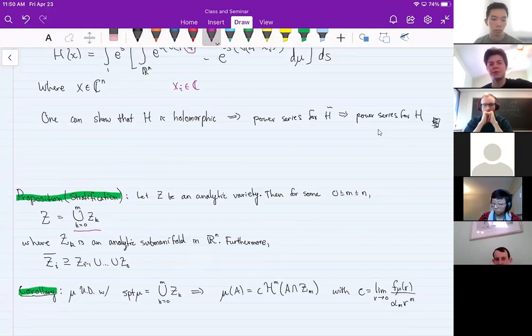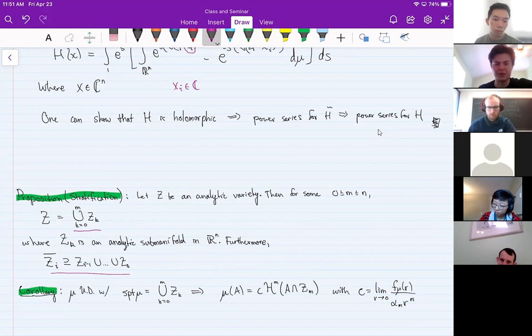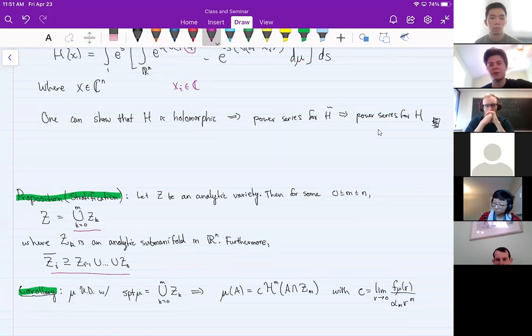You have this top dimensional manifold, and then all these lower dimensional manifolds. Furthermore, the stratified part is that if I take Z_i, the closure of this contains all of the lower dimensional manifolds. So the lower dimensional manifolds are kind of filling in the holes and the edges of the upper dimensional ones.